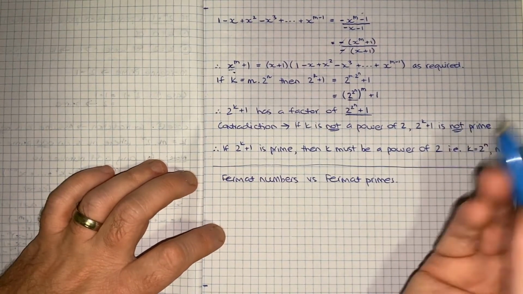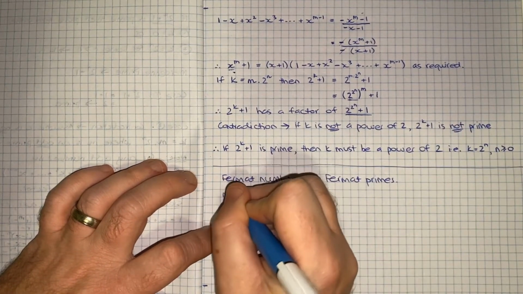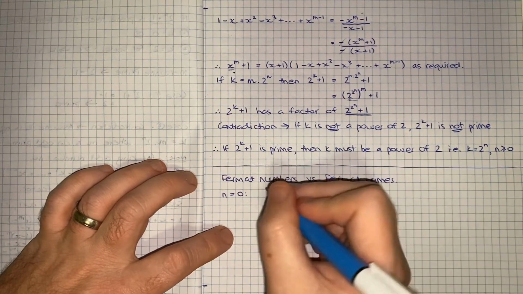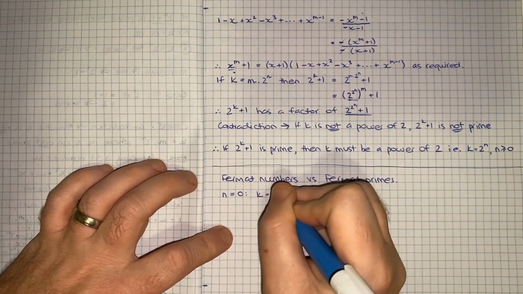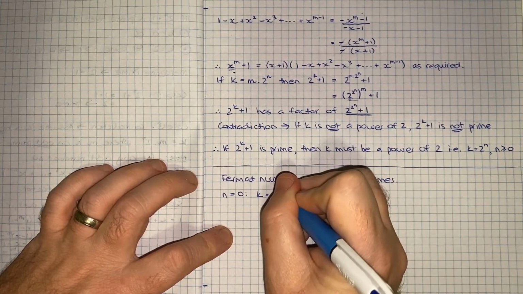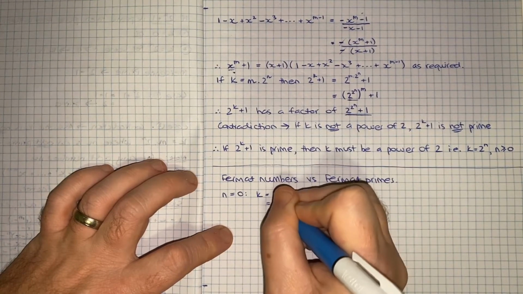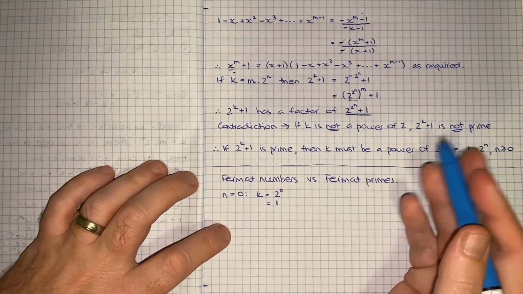So let's start with n equal to 0. What would we get then? Well, k is equal to 2^n, or in other words, 2^0, and that is equal to 1, because anything to the power of 0 is 1.